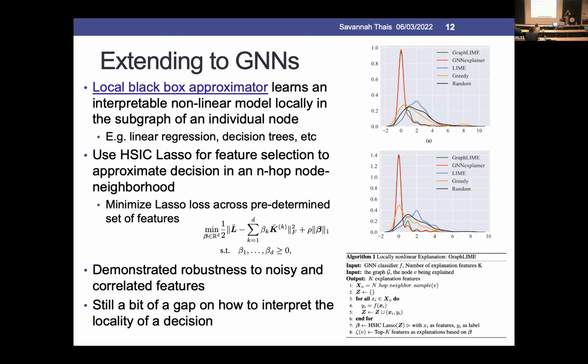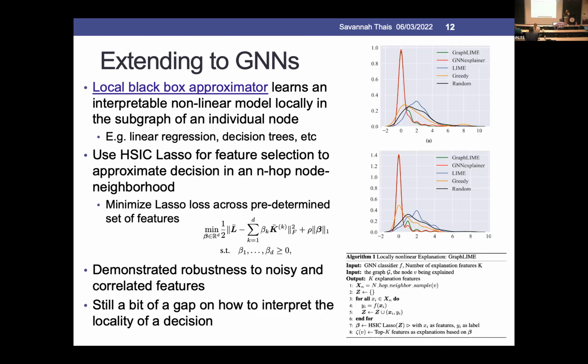There's a nice paper that does this with a lasso-based regularization to do that feature selection to approximate the GNN decision locally in an N-hop node neighborhood. And you can look at different neighborhood definitions, different distances that you're considering the decision to be relevant for.